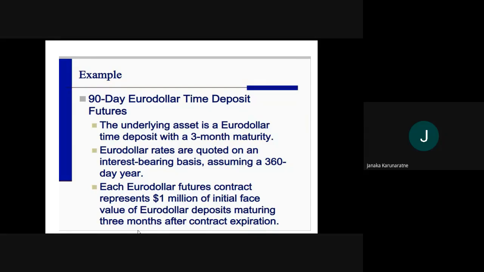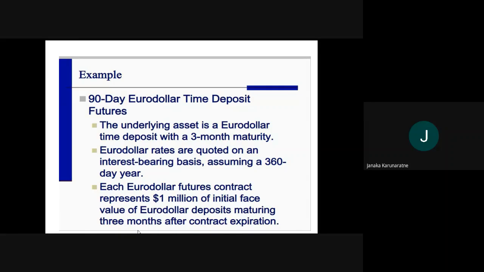Probably you would have heard that when you did foreign exchange, there are different day count conventions. In the US, usually they follow a 360-day convention. Some other countries follow 364-day, and certain countries follow 365.